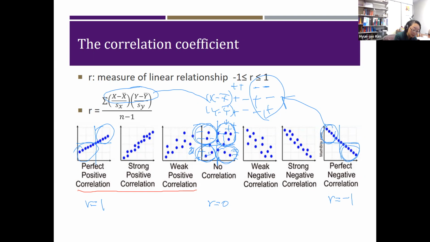The first one is a more perfect relationship. The second one we call a strong relationship because most of the data set is in that trend. The third one is a little bit more spread out, right? It still has some positive relationship, but it's more spread out. So that one we call a weak positive correlation.